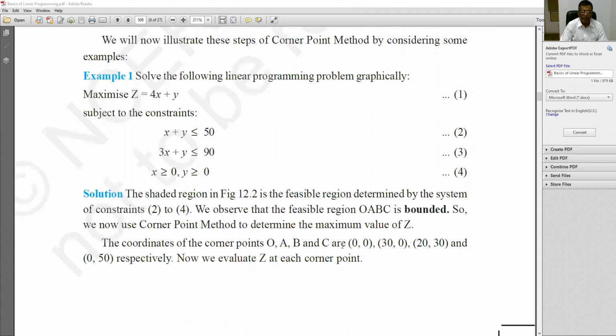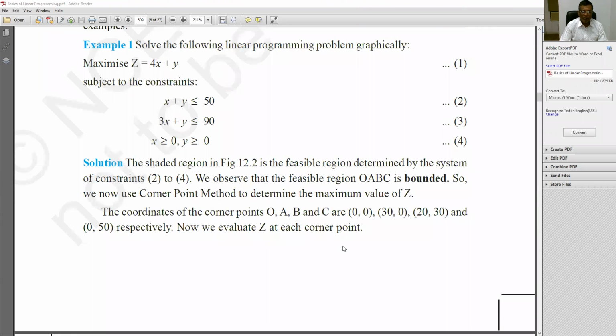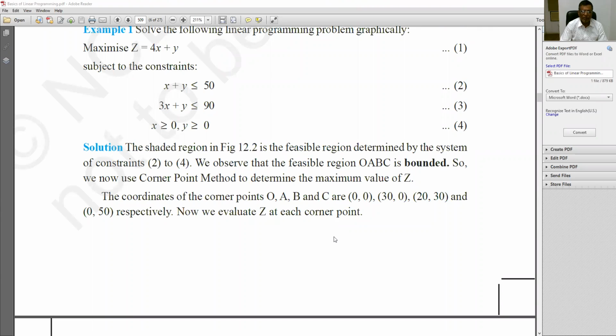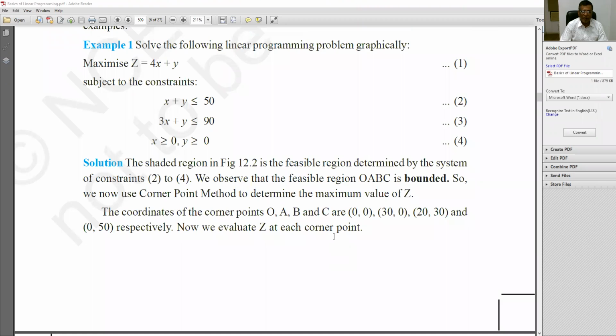I am giving you an example that will be solved with the help of graphical method. So please write this example. This is very, very important for your examination of any level, whether that is university examination or competitive examination. This question is very much important, and this will be solved with the help of corner point method or by graphical method.